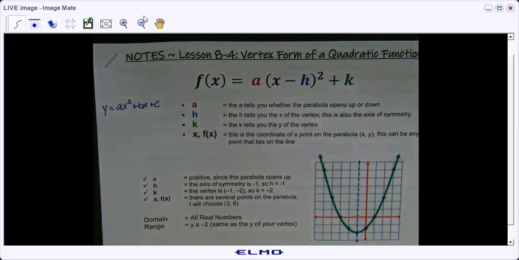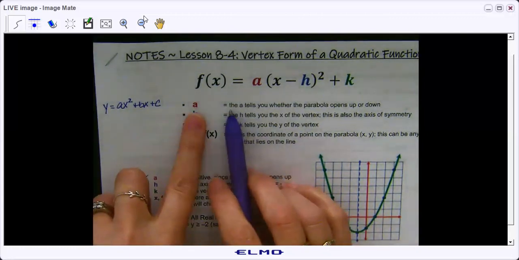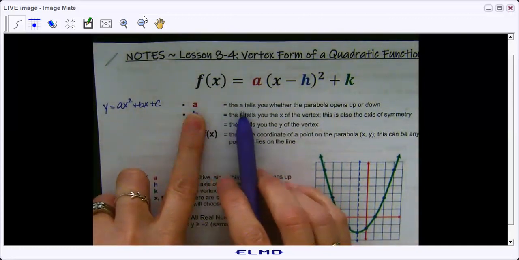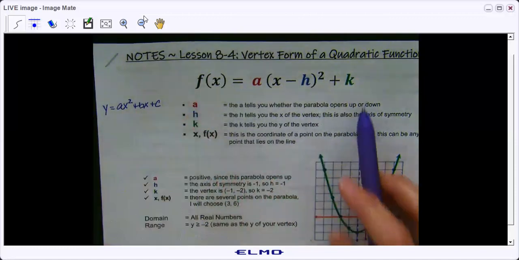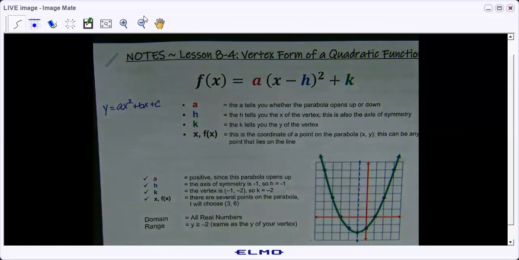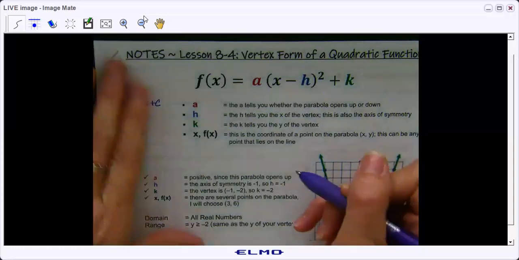All right. Now with this equation, every variable represents something different. Okay, so I am going to go over what each of these variables represent. So the A here tells you whether the parabola will open up or down. Well, it's actually if there is a negative.